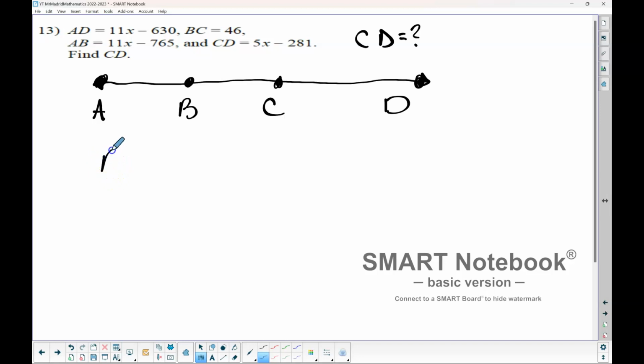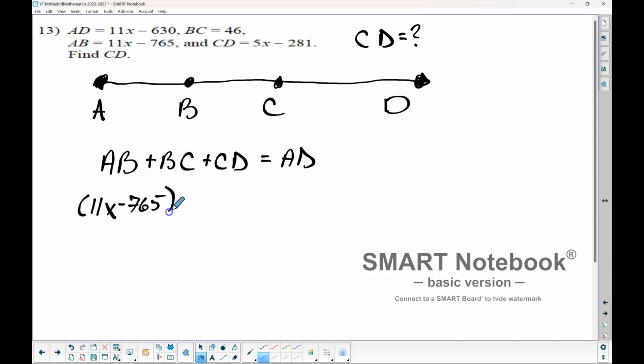So we know that AB plus BC plus CD equals AD. Let's see what we can plug in here. AB is 11x minus 765, plus BC is 46.